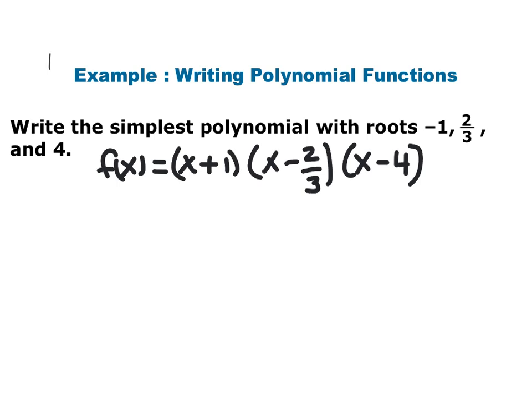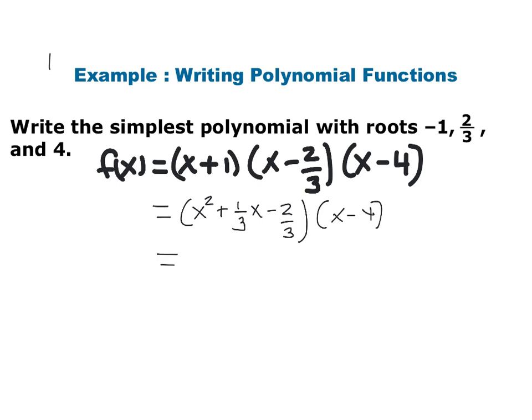Okay, to multiply, I'm just going to take the first 2, and when I multiply them, I'm going to get x squared plus 1/3 x minus 2/3. And then I'm going to multiply that by x minus 4.